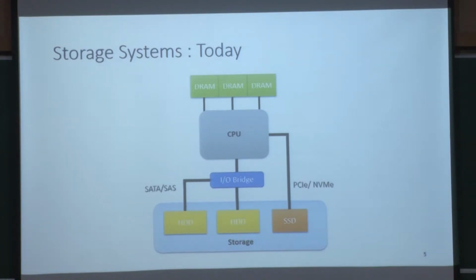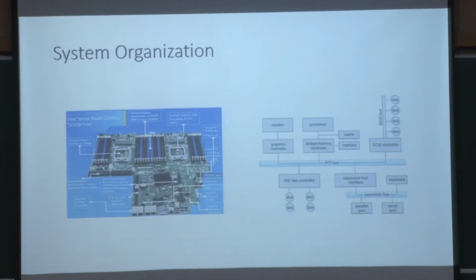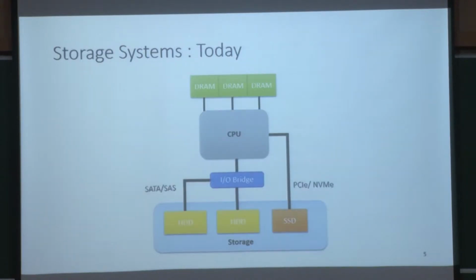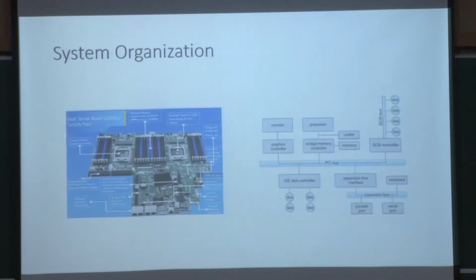Now what we're going to do is try and look at this in a slightly different way, right? What I showed before was how things are connected in a sort of cartoonish fashion. But if you want to show that in a block diagram, you have your processor and your caches and everything with the DRAM sitting over here.